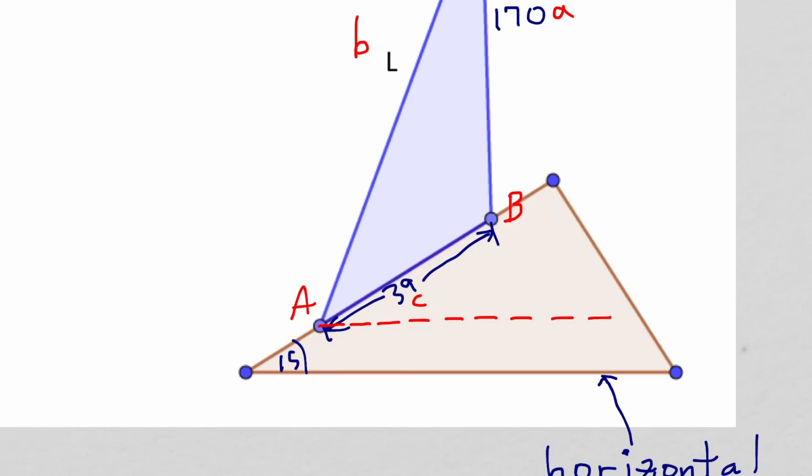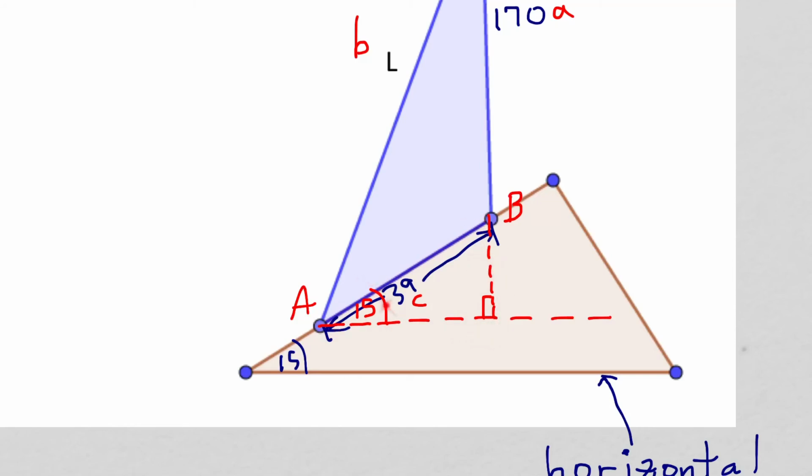So that's parallel to the horizontal line, so this will also have a 15-degree angle right here. Then I'm going to intersect my vertical and my horizontal lines by drawing this auxiliary line, which means they're perpendicular. So I have a right triangle right here.